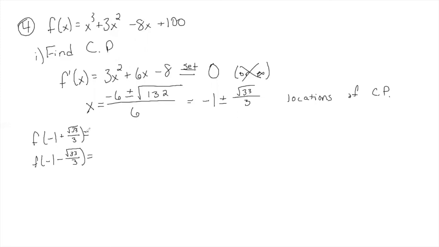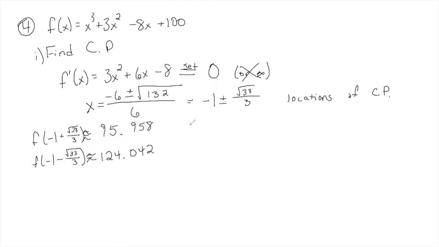And these are just going to be estimates, because of course the numbers are horrifying. So what I get here when I plug it into a calculator is 95.958 approximately. And here I get 124.042. Again, approximations here.